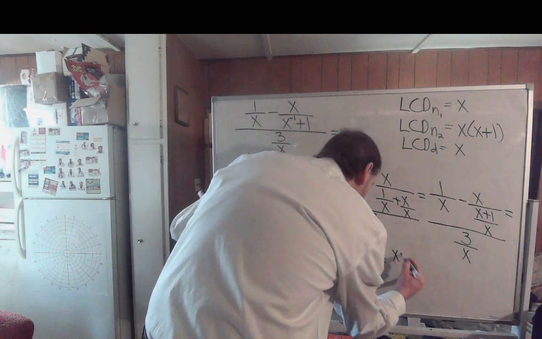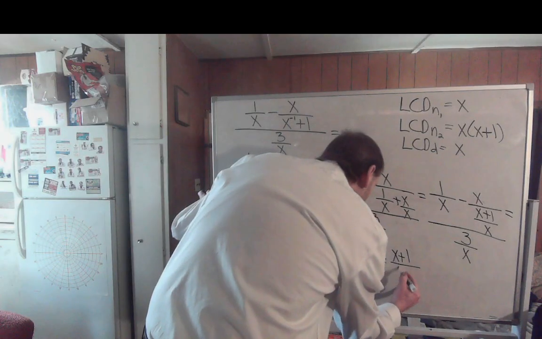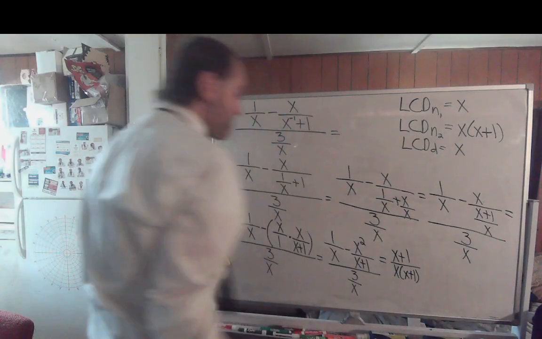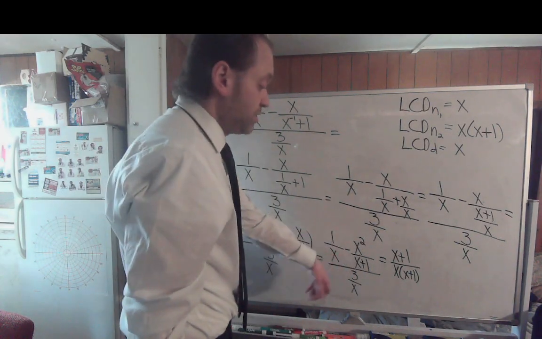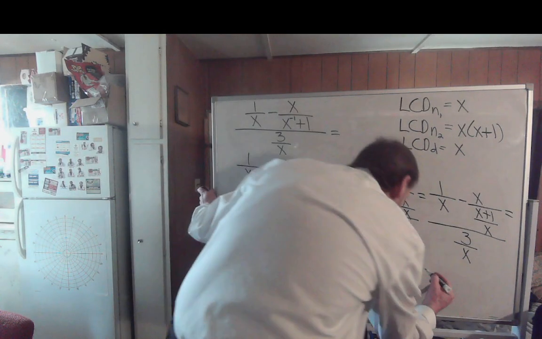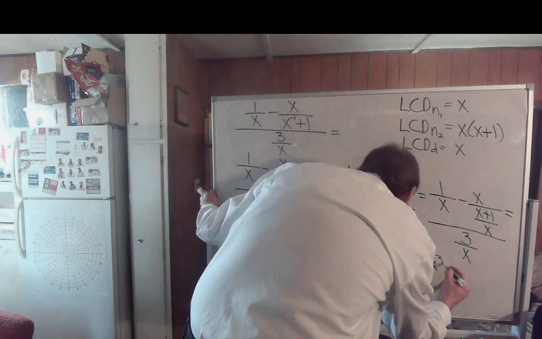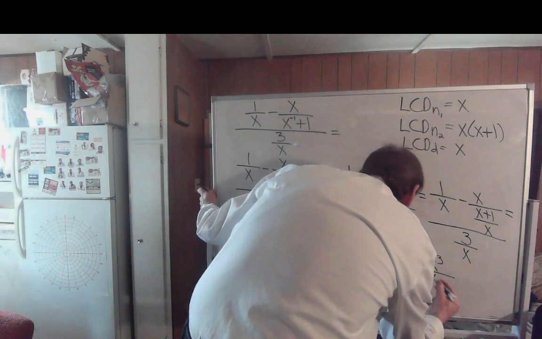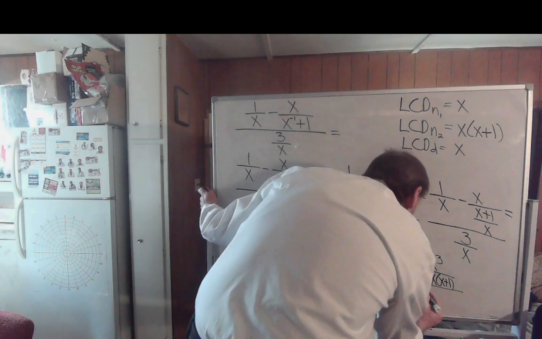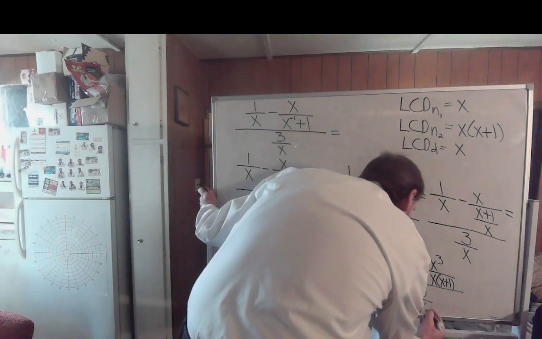So this would turn into x plus 1 over x times x plus 1. And then the second term, you'd have to multiply both numerator and denominator by x. So this would turn into minus x to the third all over x times x plus 1. This would all be all over 3x.